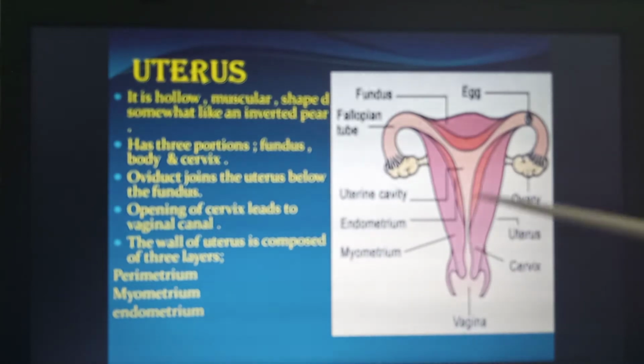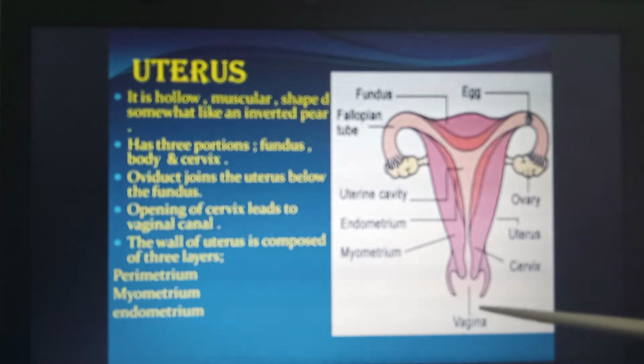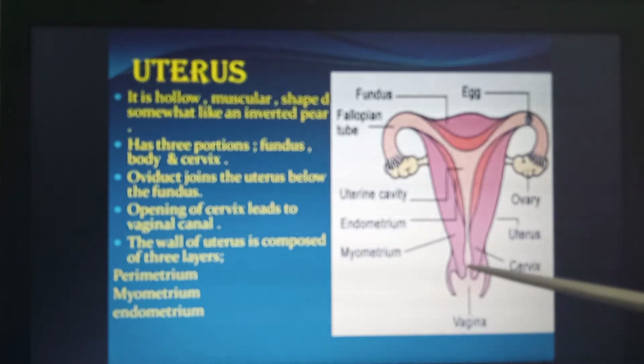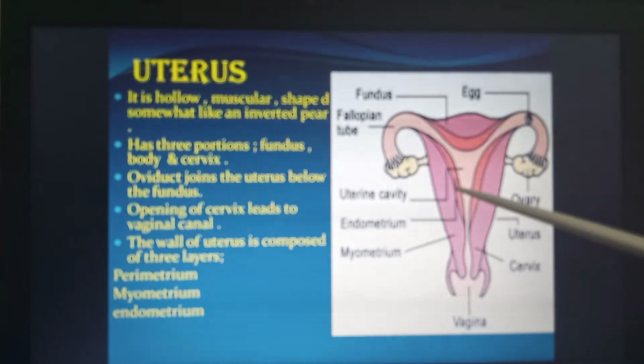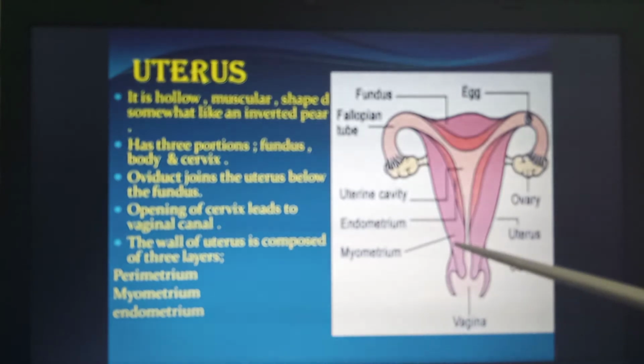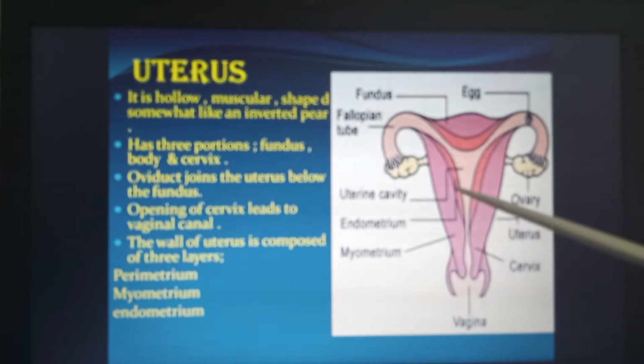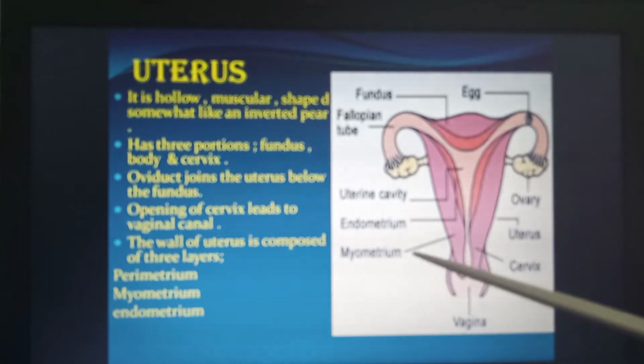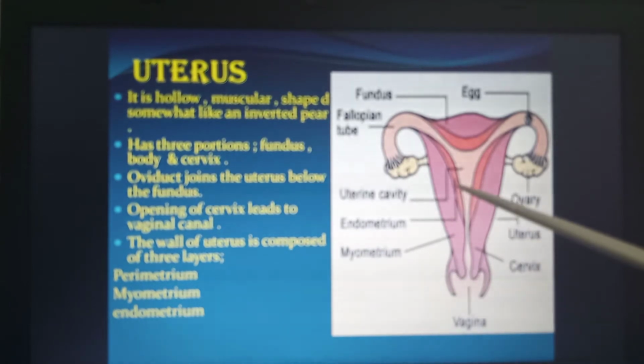Oviduct joins the uterus below the fundus. Opening of cervix leads to vaginal canal. Wall of the uterus is composed of perimetrium, myometrium, and endometrium.